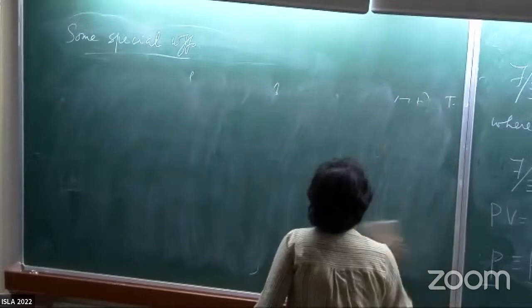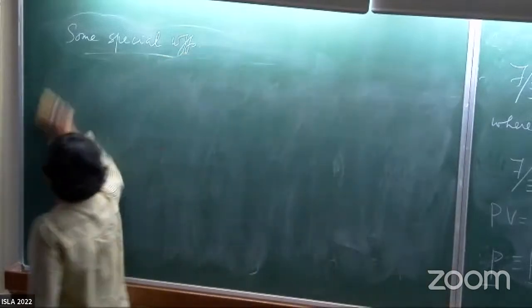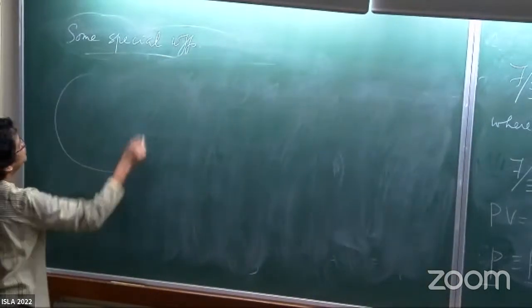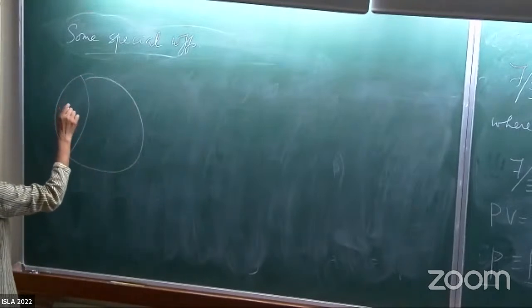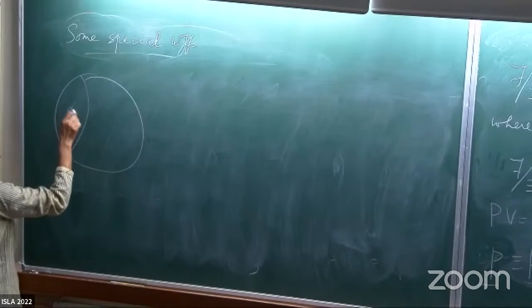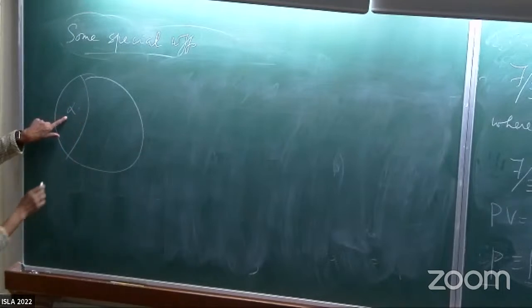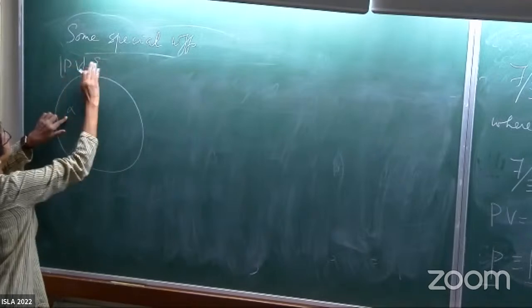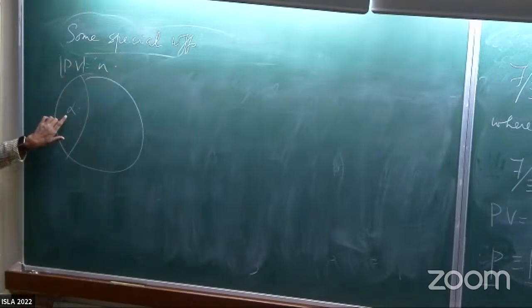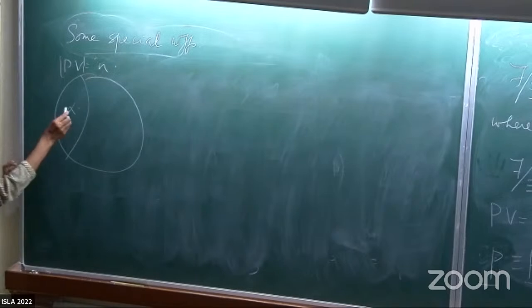Okay, I think I get your doubt. So let me try to answer that one. Suppose I have alpha here, and your PV has cardinality n. Suppose this alpha has fewer than n variables.